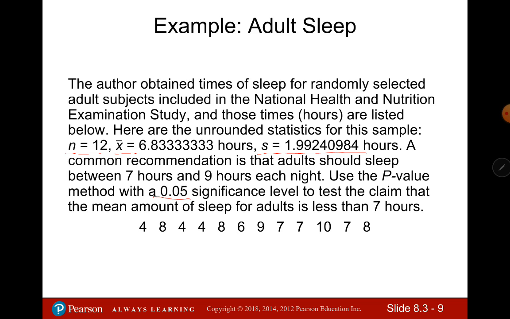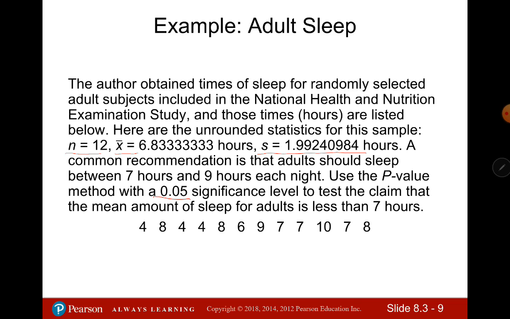X bar is just from the sample. And we can also use the sample values to get the standard deviation. That's our S value, the sample standard deviation. So in other words, we only know the sample standard deviation, and we cannot find any information about the population standard deviation sigma, which means in this case, sigma is unknown.